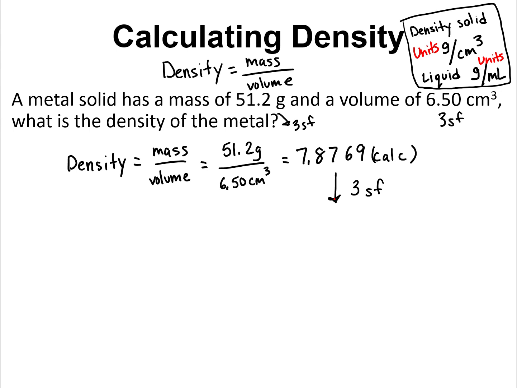Yes, but that's only with multiplication and division. That 7 is our third sig fig, so that's the one we're going to round. We look at the 6 to see if we round up or stay the same. 6 is definitely 5 or greater, so our actual answer is 7.88, and we need to include our units.